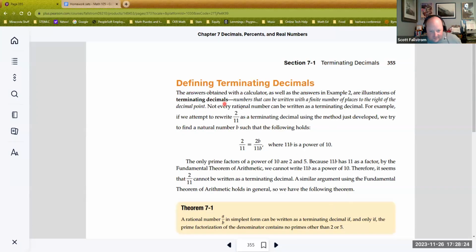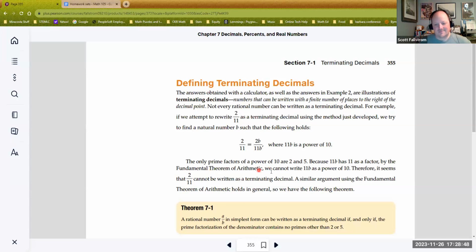So here we go. We're going to define terminating decimals. These are numbers that can be written with a finite, not infinite, doesn't go on forever, a finite number of places to the right of the decimal point. So if we attempt 2/11ths as a terminating decimal using the method we developed, we try to find a number that we multiply by 11 to get a power of 10. What could we multiply by?